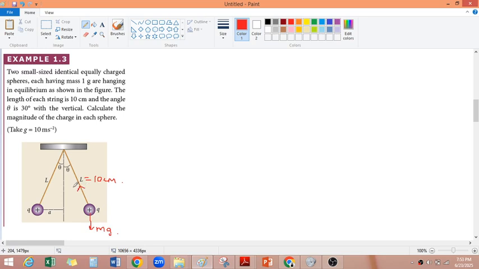Tension in the string will be acting like this. The charges repel each other, so the repulsion force will be like this. So F repulsion is equal to K Q into Q, which becomes K Q squared by R squared. I think they have given the distance as A, so it will be A squared.